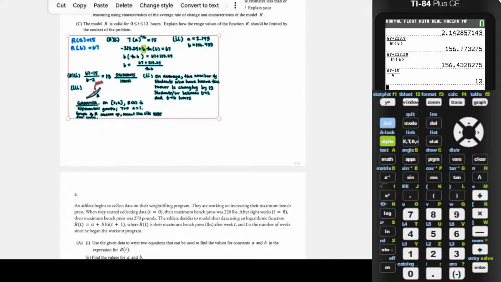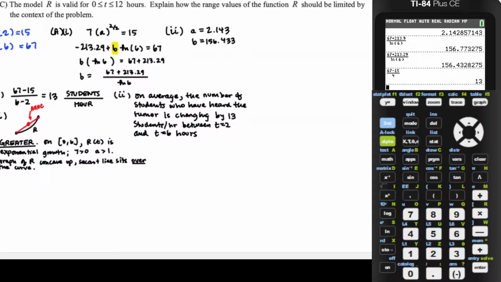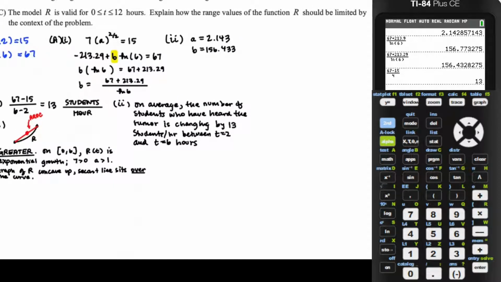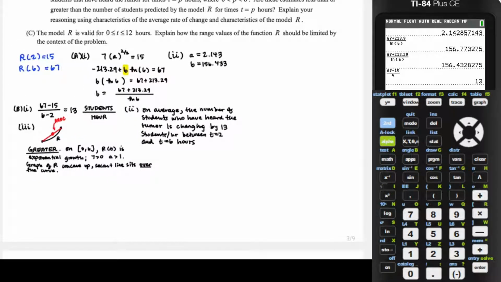All right, so the model R is valid on the time interval 0 to 12 hours. Explain how the range of the values of the function R should be limited by the context of the problem.